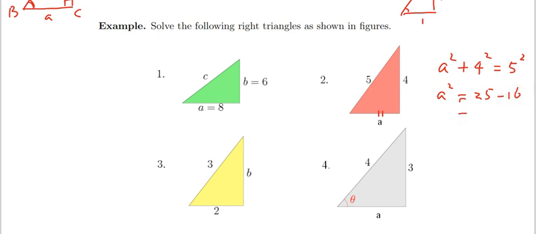So equals 9. Okay, so we find A equals 3. Okay, so problems 1, 2, 3 are quite the same. We just use A squared plus B squared equals C squared.